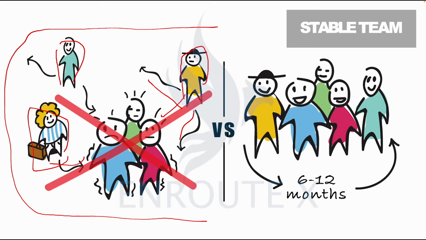But when you are pulling members out or bringing new members in, you cannot have a good forecast. Also, it would impact the efficiency, it will impact collaboration, and your team morale would be impacted also.